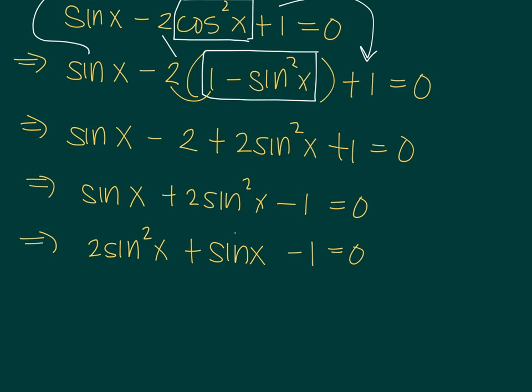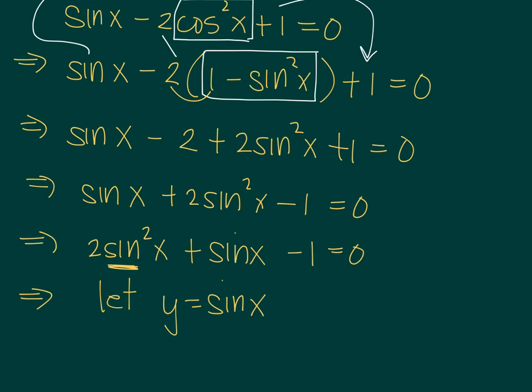Now the next thing that you have to do is to temporarily set a value for sine x. This is actually an optional method, but just to simplify the solving of x without thinking of the sine function, you can rename the sine as y.